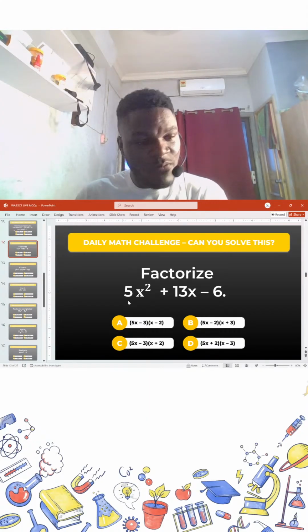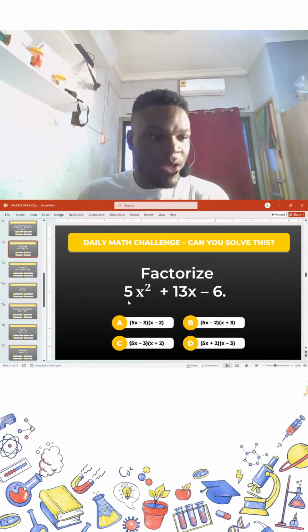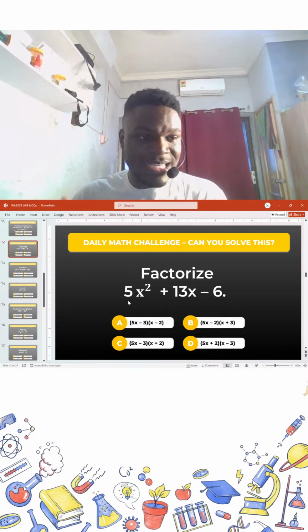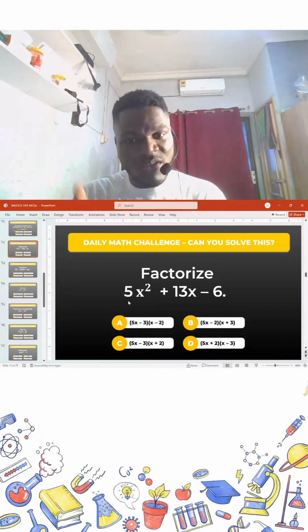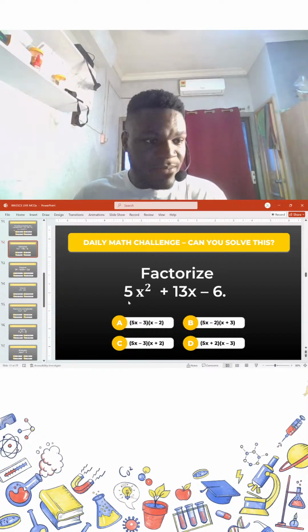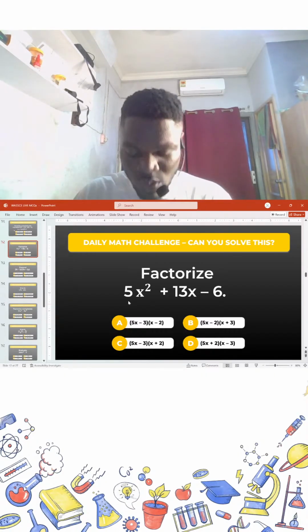Now, this expression can be factorized easily, so you don't need to use the method of completing squares or the formula method. But if it is subjective and you were asked to use a specific method, we look at that.